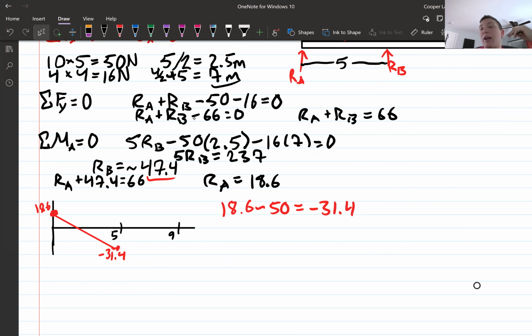And as a result, it's actually going to create our jump again. So I'm going to take our negative 31.4 and add 47.4 to it. And when I do this, I end up getting 16. So that here is 16.